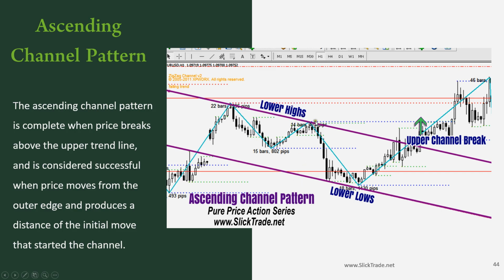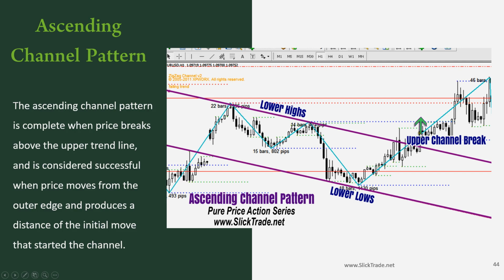They're two parallel trend lines. As you can see, we have lower highs and lower lows right here. You can see that really easily with that zigzag indicator. That's why I like to keep that on my charts.